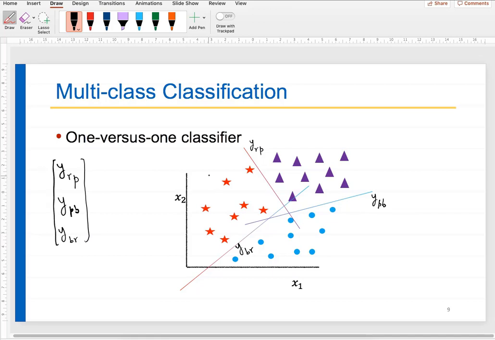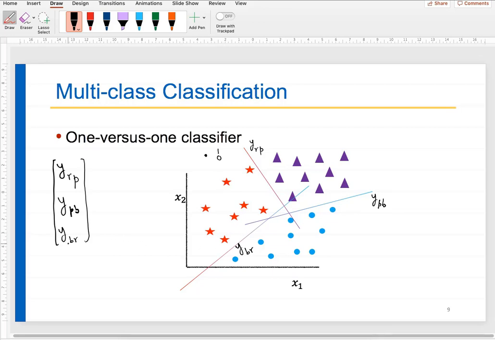So now you tell me, if the point lies here, what is the outcome? One, zero. No, it has to be 0 if it is a red rose, right?